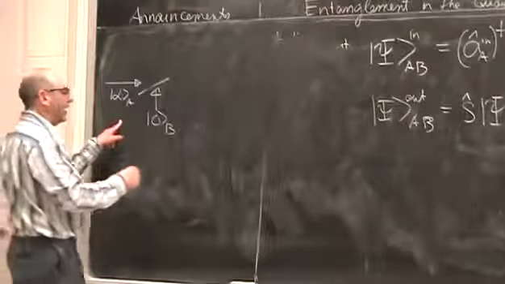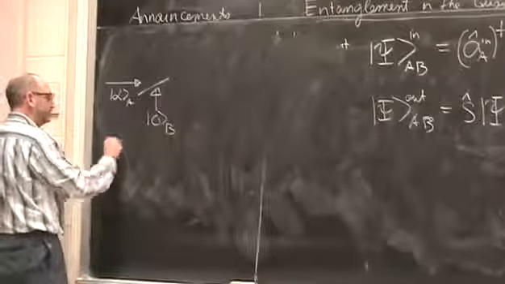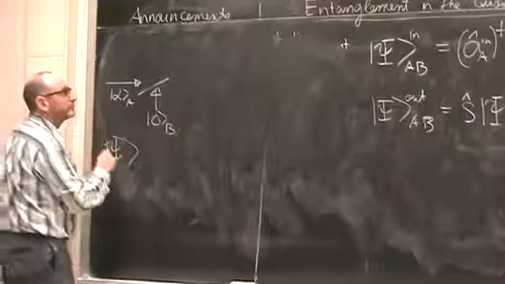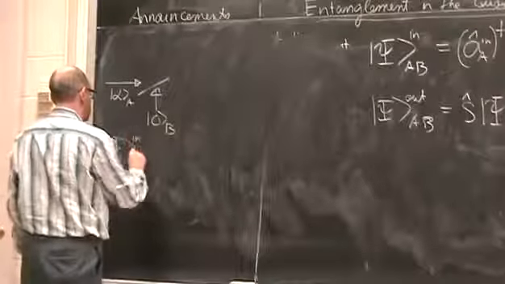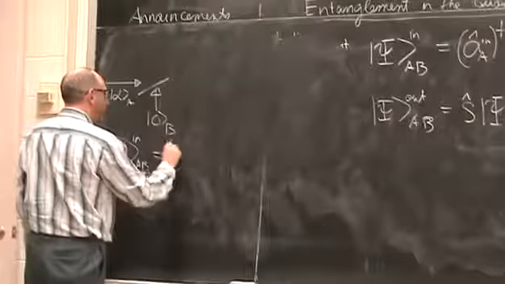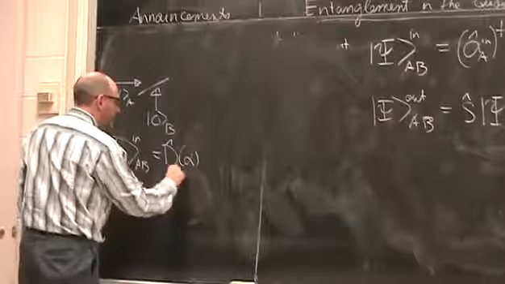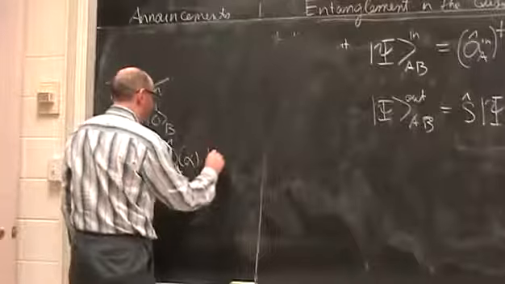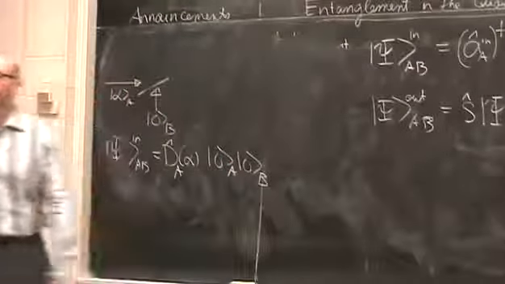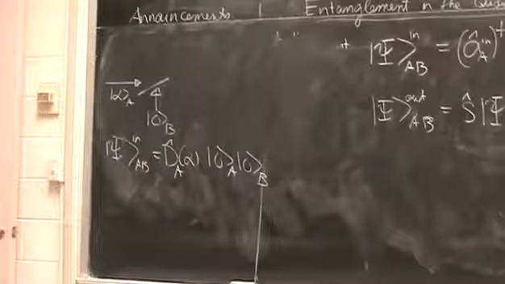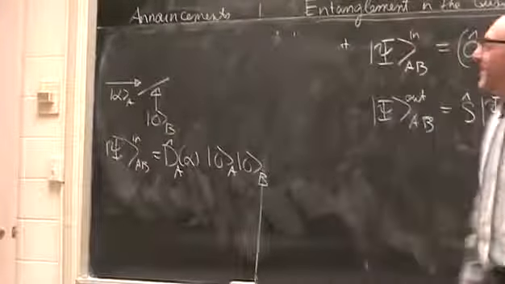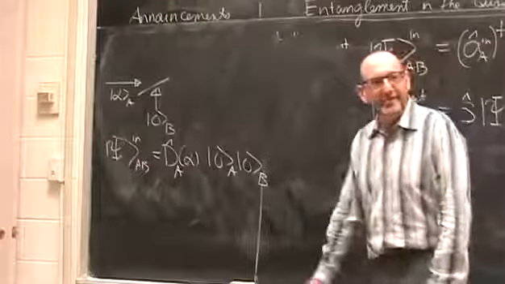Well, we know how to write that, so that's my psi in, which we can write as the displacement operator acting on the vacuum, right? As we know. I think we did this one for homework, and we all remember it very well.